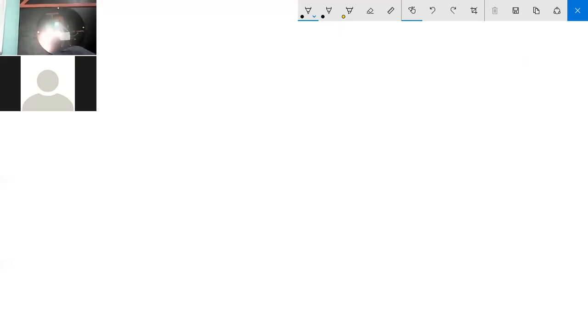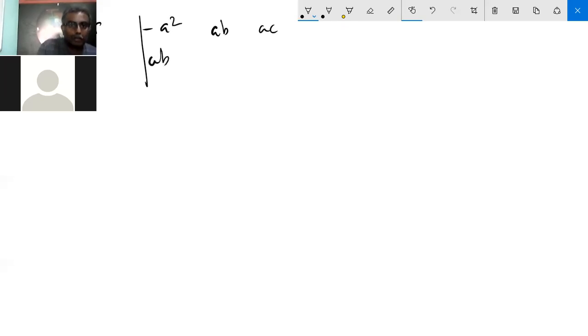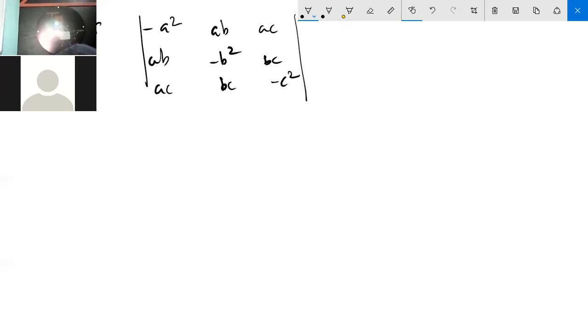Okay, let us start the 8th sum. Eighth sum says, prove that the determinant with rows minus a square, ab, ac; ab, minus b square, bc; ac, bc, minus c square must be equal to 4a square b square c square.